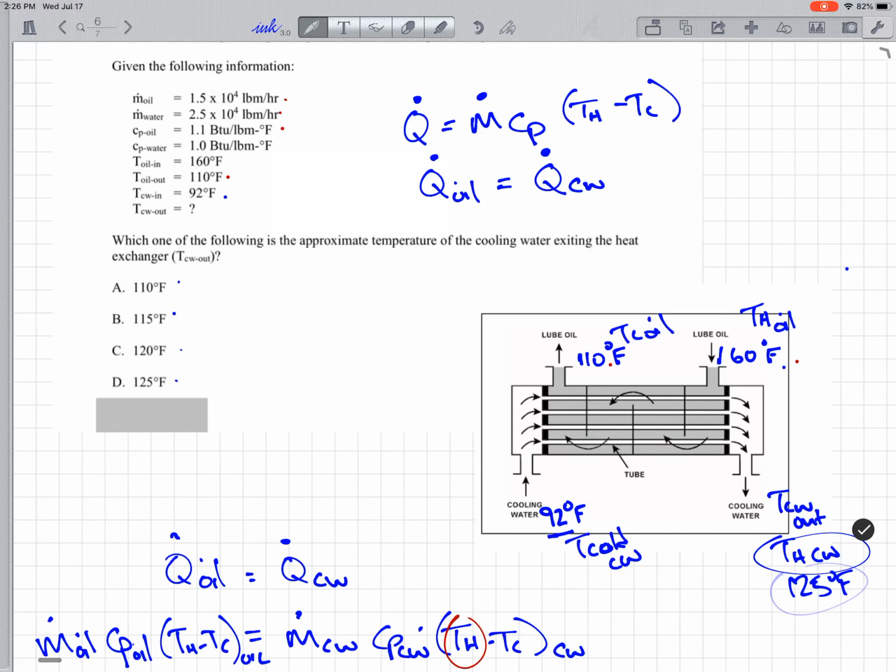You gained another 33 degrees across your cooling water, and you lost 50 degrees on the oil. So that kind of makes sense, yeah? What else? We don't have a lower number than 92, and we don't have a higher number than 160. So I like it. I'm going to say D is the correct answer.